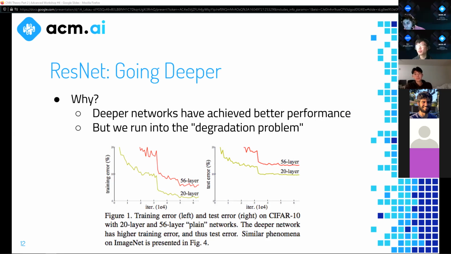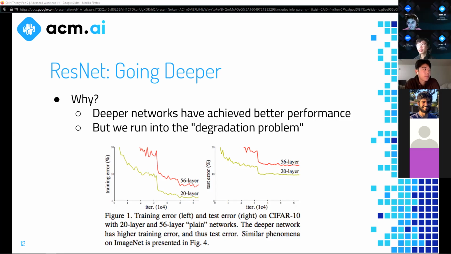One thing ResNet is solving is an interesting problem: when we have deeper neural networks, typically we'd expect them to perform better, right? And the reason we think they would perform better, I'll go into that in the next slide.